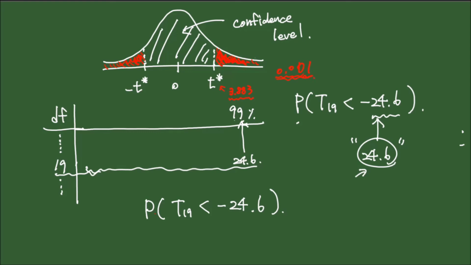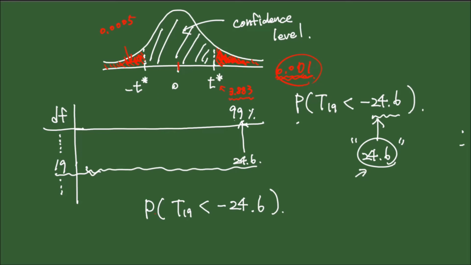Let me tell you another thing. I know the t distribution is symmetrical with respect to 0, so one of the areas should be half of this number. So one of them should be 0.0005.